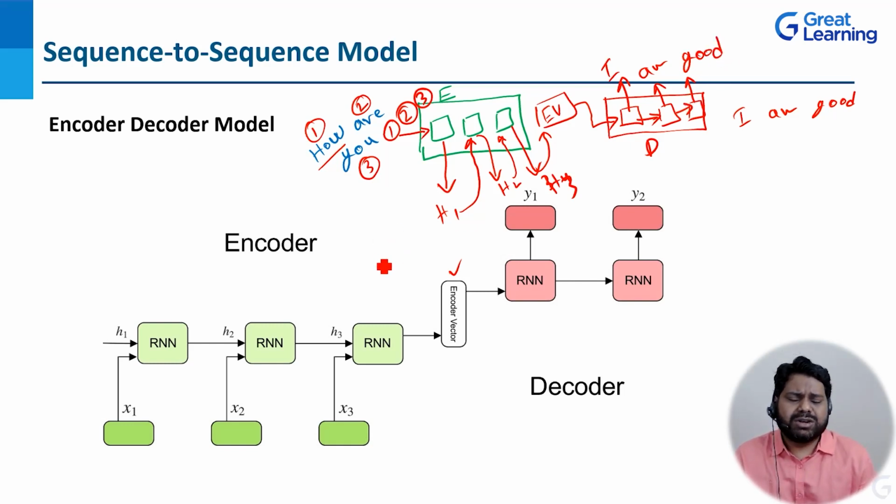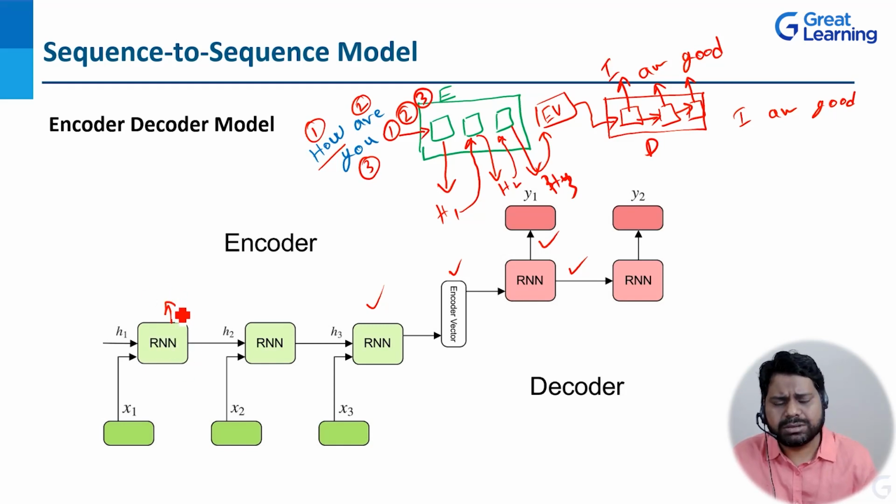If we see closely in this diagram, in the second box, the decoder, we have the outputs and we have the next hidden state. But in the encoder, we don't have the output from this RNN.